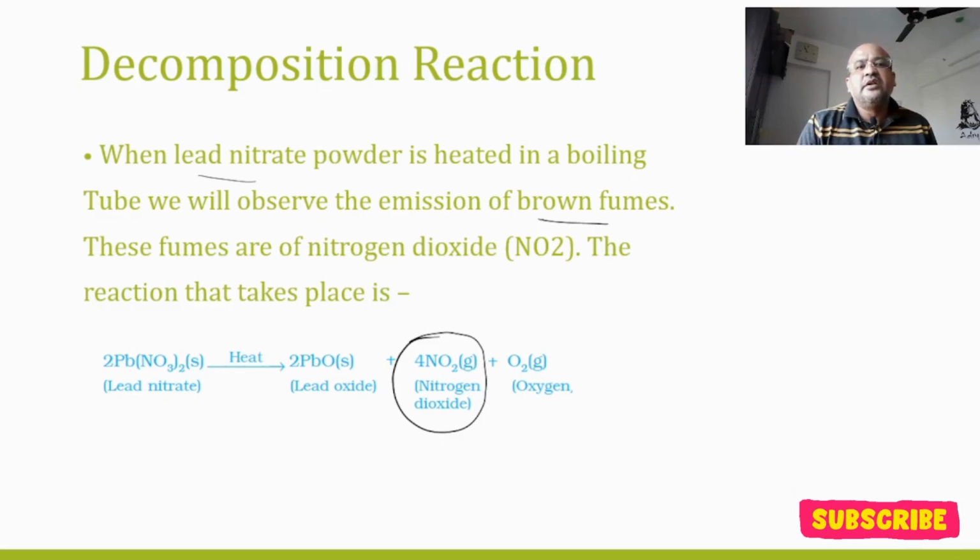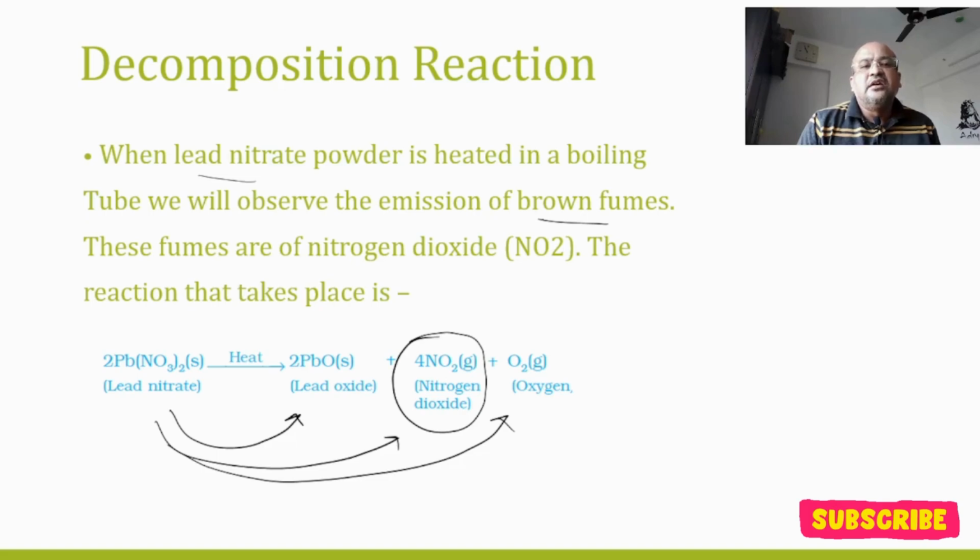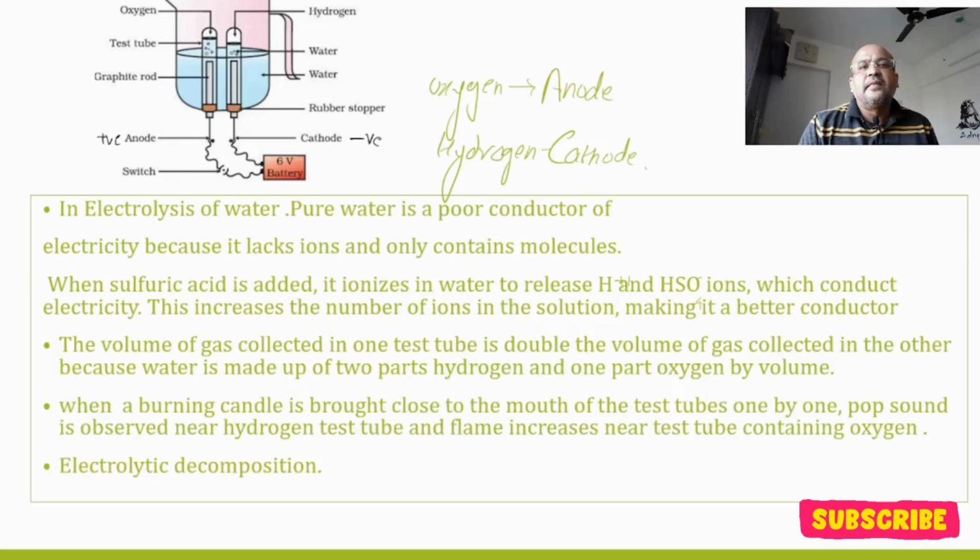This is how the reaction takes place. We have lead nitrate in solid state. When we heat this, we get lead oxide, nitrogen dioxide, and oxygen. So a single reactant is there, and on heating it, we are getting three products.